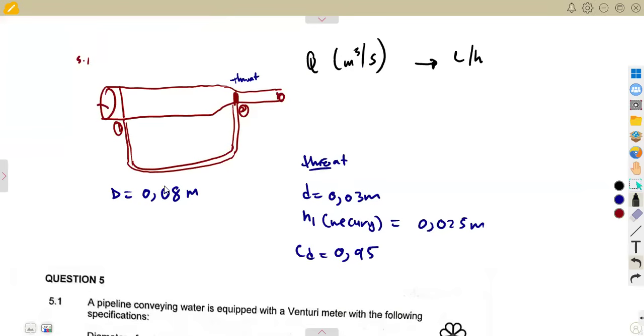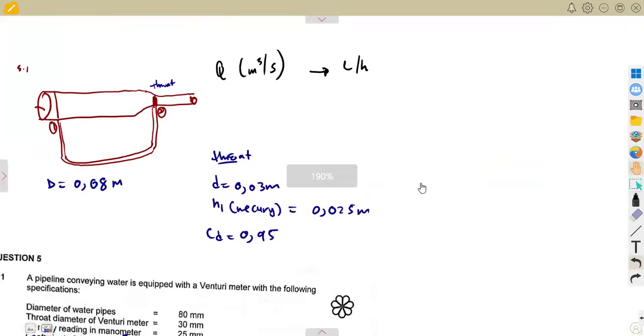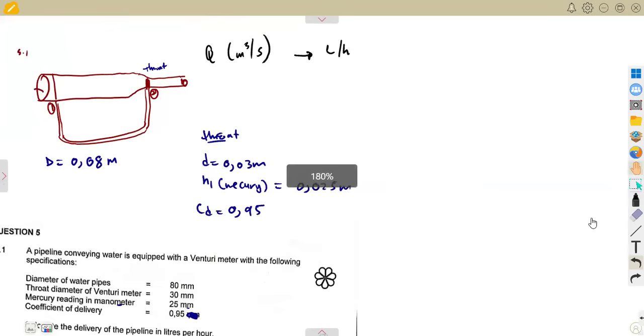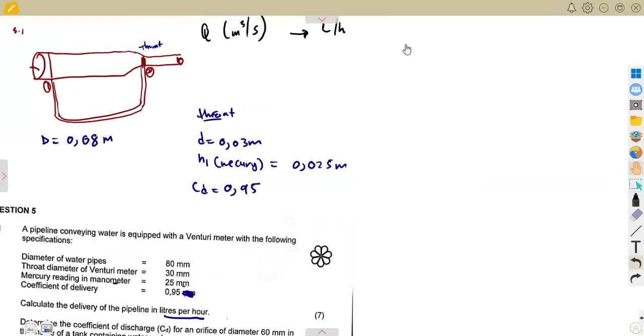But let's start by calculating the delivery. Remember, I said from our introduction, we can calculate this by using the formula. There are two formulas that I talked about there, by which Q can be calculated when dealing with a Venturi meter.